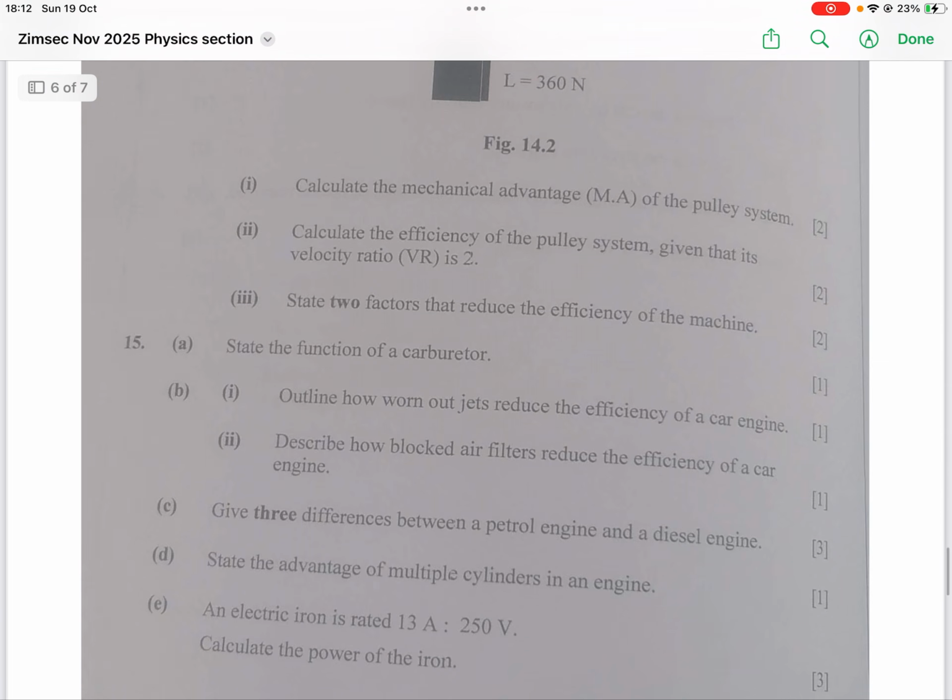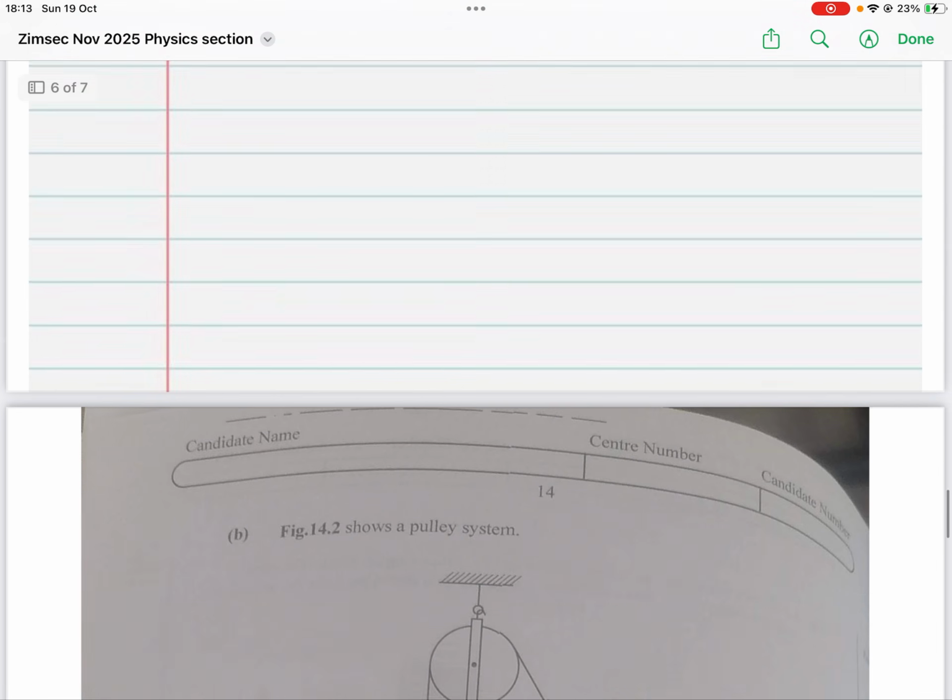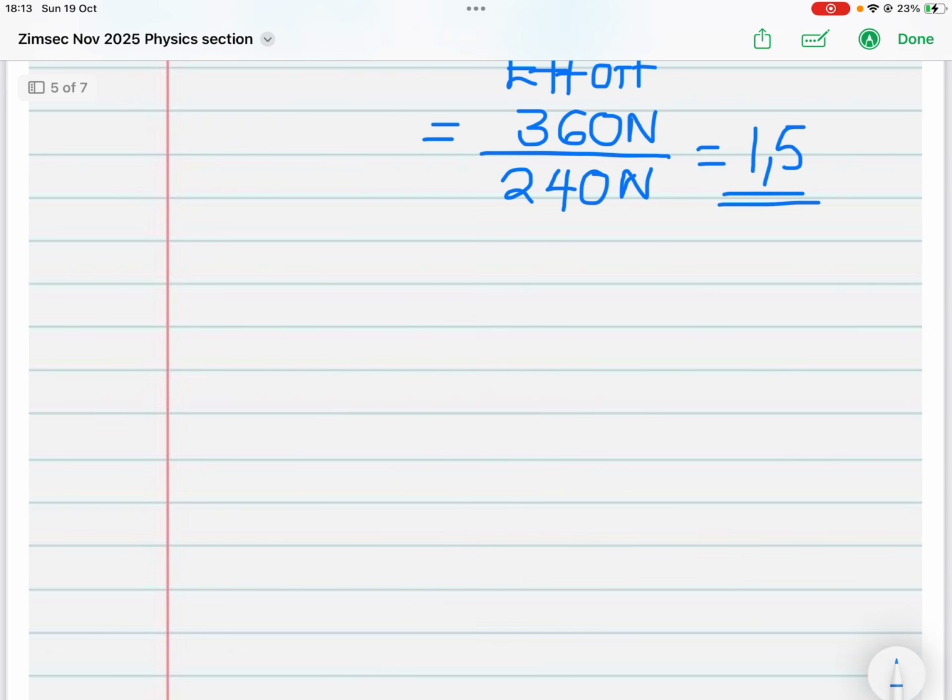And then next, we are required to calculate the efficiency of the pulley system, given that its velocity ratio is 2. So we are now on B part 2.